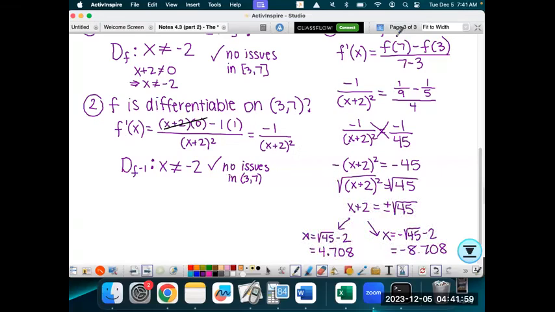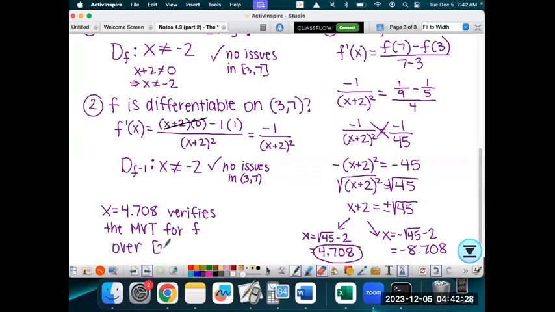Now remember, we are verifying the mean value theorem on the interval from 3 to 7. So this is actually the value that is going to verify it. So I'm going to write a little sentence that x equals 4.708 verifies the mean value theorem for f over 3 to 7.